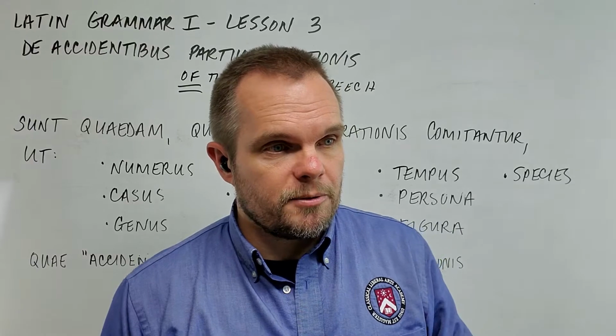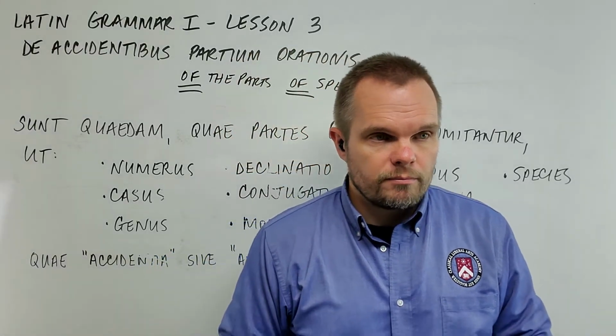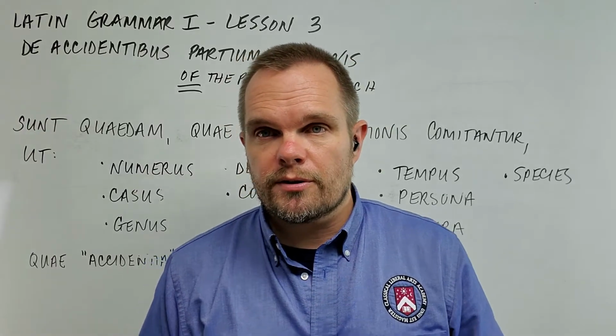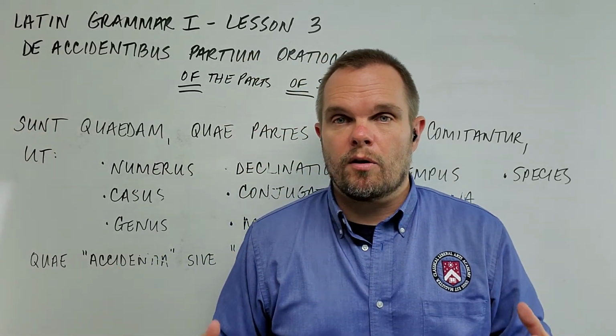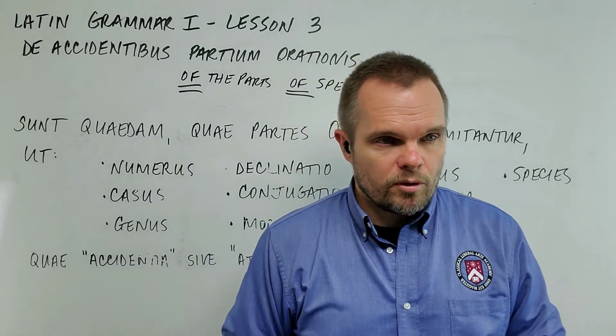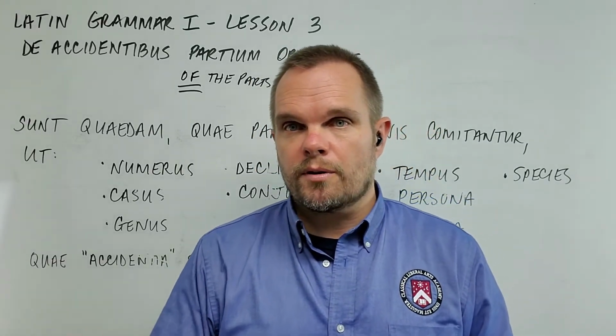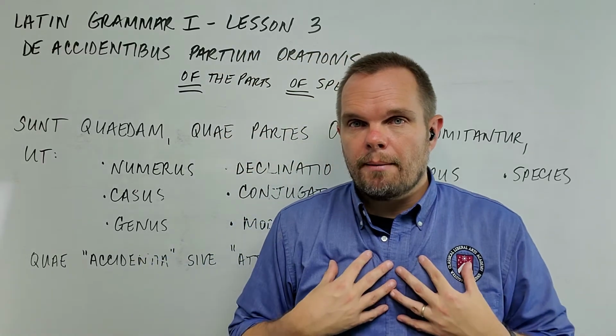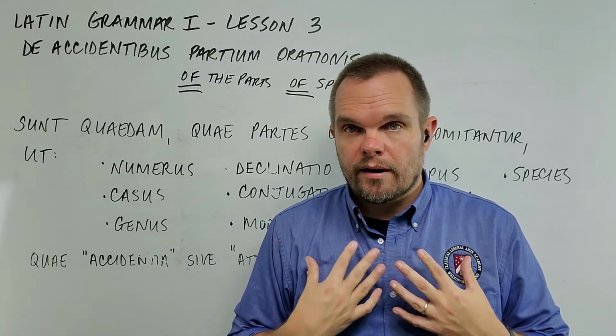The next part says personae verborum sunt tres. Just as there are three persons of pronouns, there are also three persons in verbs. The persons of verbs are three. Prima ut amo. First, as amo. Amo, I love.